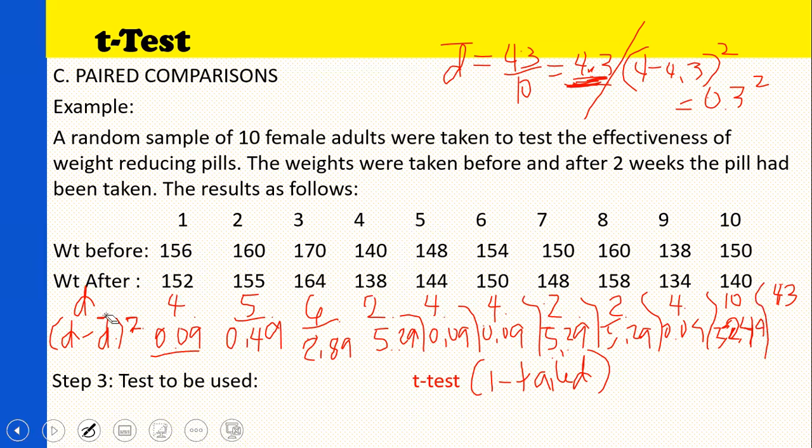Let's write it down: 32.49. So the sum of these is 52.10.